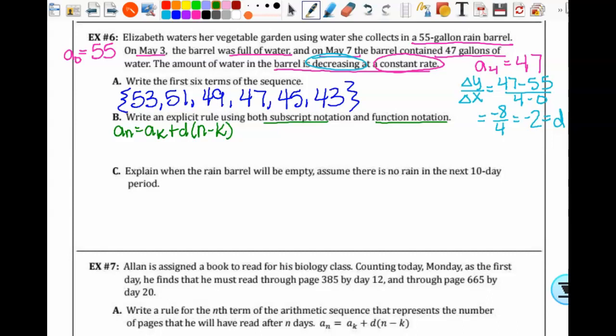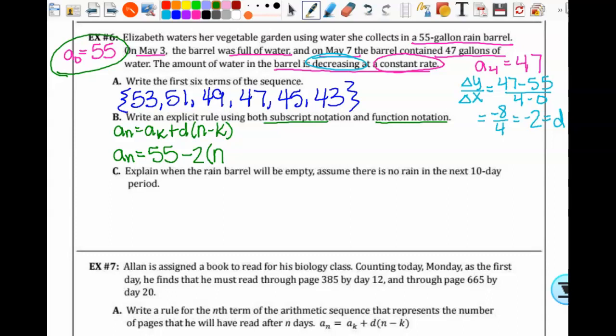So I need an a sub k. I think I'll just use this one. So a sub n is equal to a sub k, which is 55, plus d, which is negative 2, times n minus what? 0. Do I even have to put the 0?